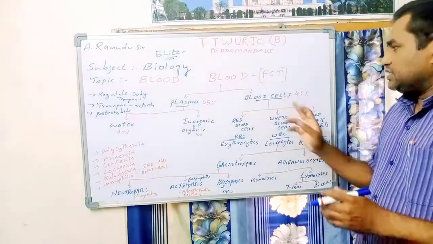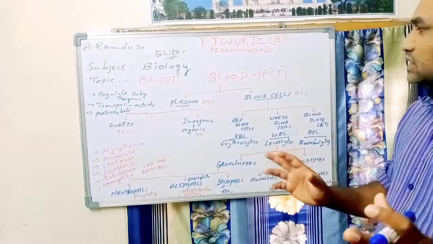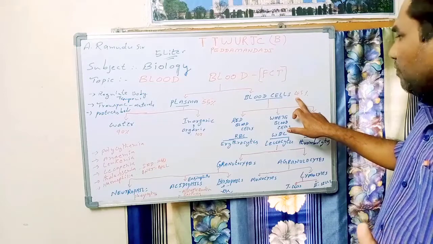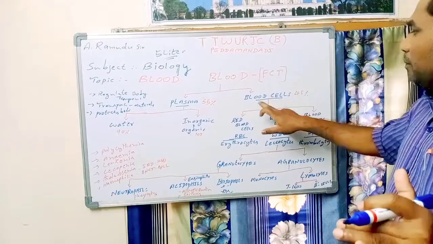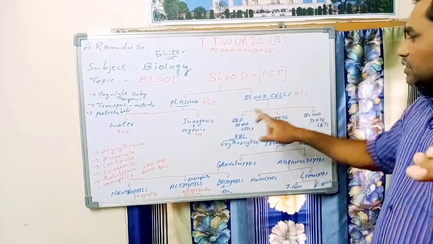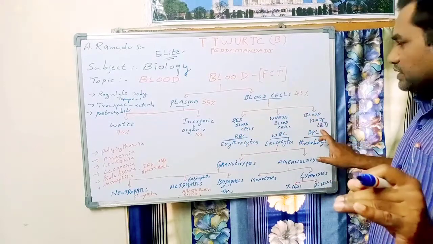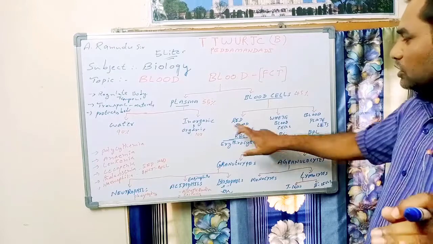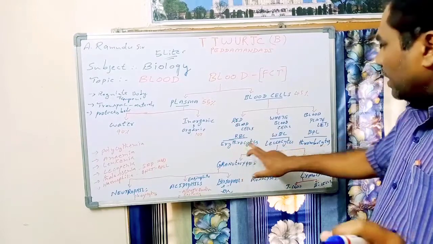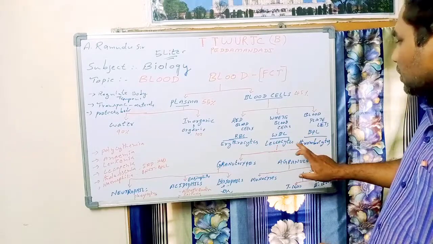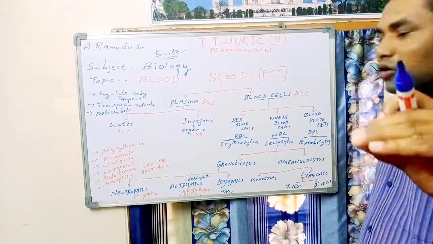Now the blood cells. Blood cells are present at 45% in the blood. They are mainly 3 types: red blood cells, white blood cells, and blood platelets. Red blood cells are also called erythrocytes, white blood cells are called leukocytes, and blood platelets are called thrombocytes.